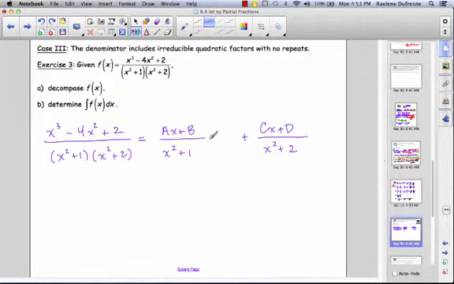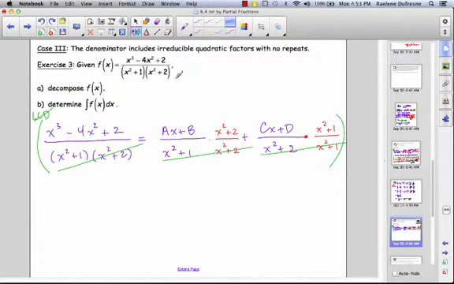So I've left a little room so that I can get a common denominator here. I recommend that you do the same. And now multiplying through by the LCD will give us x cubed minus 4x squared plus 2.